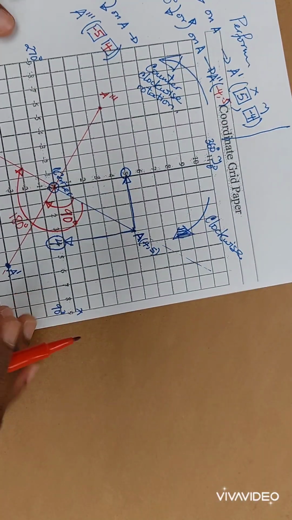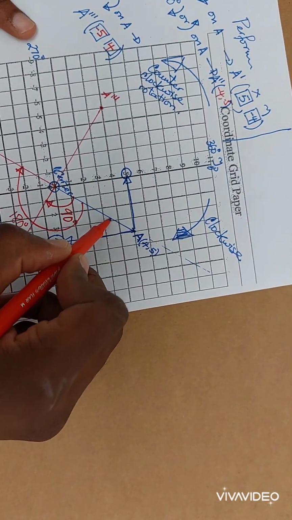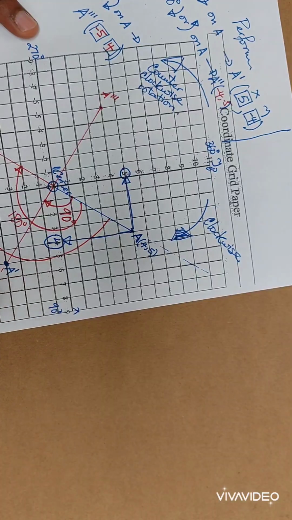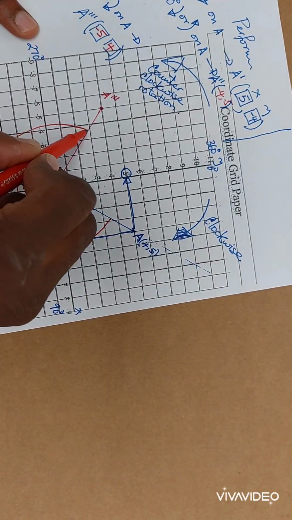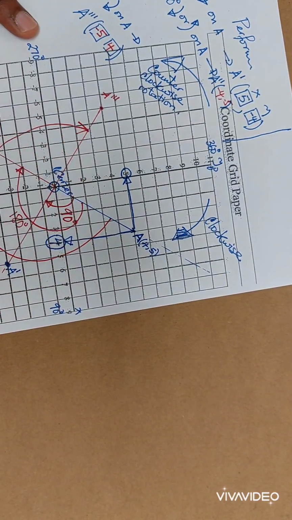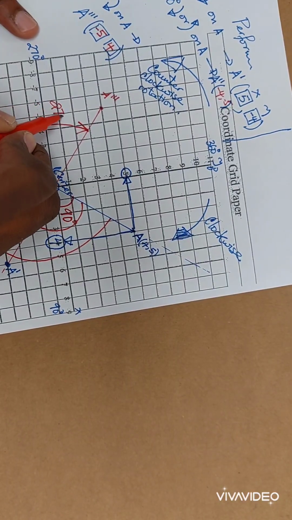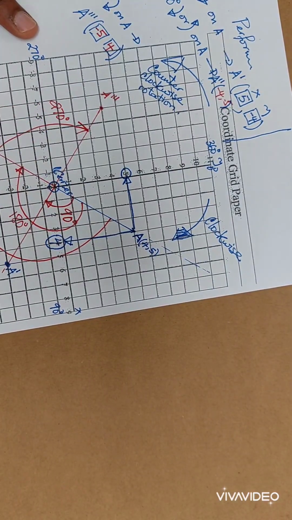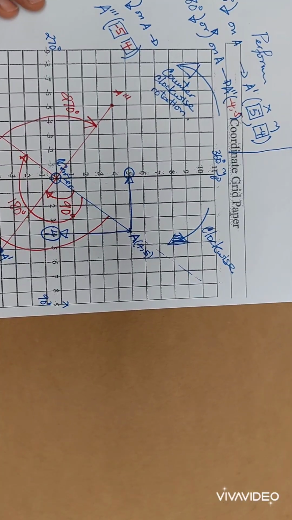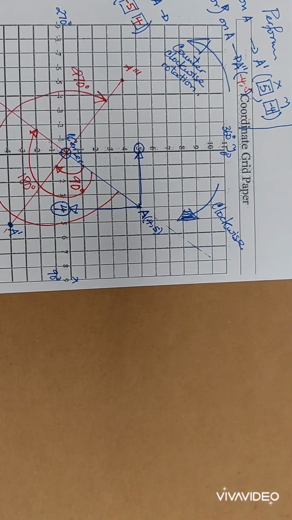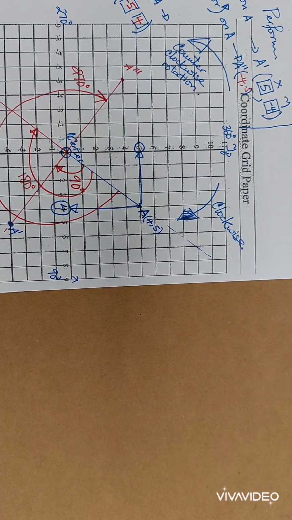Okay, so if I started here and I do that whole turn all the way to this line, then I have done 270 degrees rotation clockwise. And that is how we perform geometric rotations.